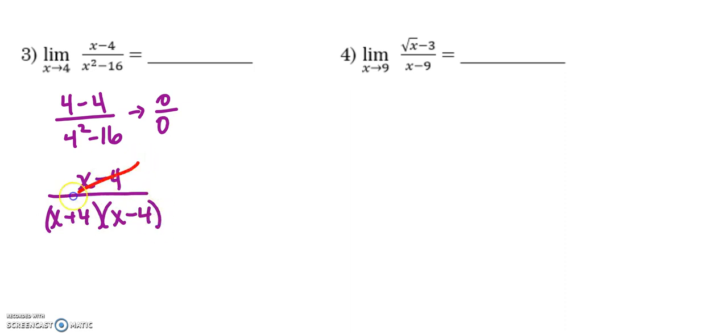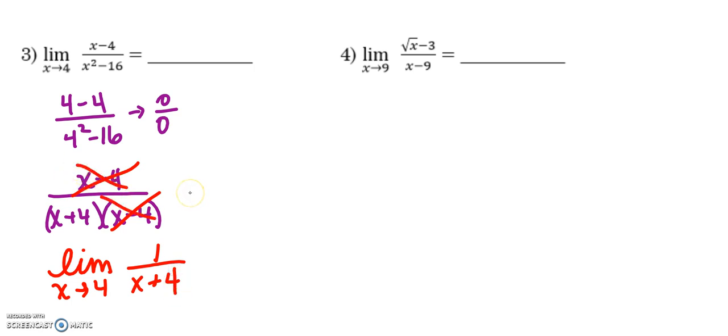So now x minus 4 cancels out, and I have a brand new limit problem of the limit as x goes to 4 of 1/(x plus 4). Now that I've gotten rid of this problem, which was a hole, if you think about that from your rationals unit, I'm going to try again and plug in 4 to this expression. 1/(4 plus 4) gives me 1/8.